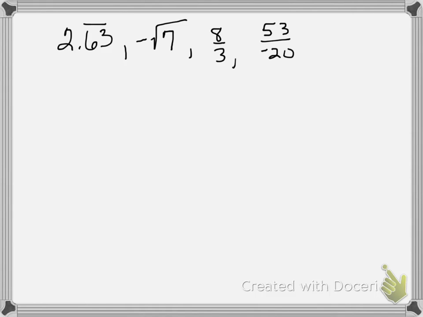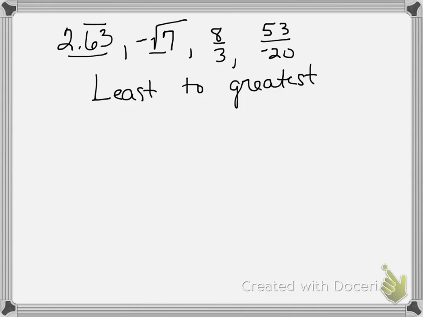I want to order these from least to greatest. Well, this is kind of hard because these are all in different formats. This one's a decimal, this one's a square root, then I've got fractions. So what I would like to do is write them all the same, either all as fractions or all as decimals. And it's a whole lot easier to write them all as decimals. So that's what I'm going to do.